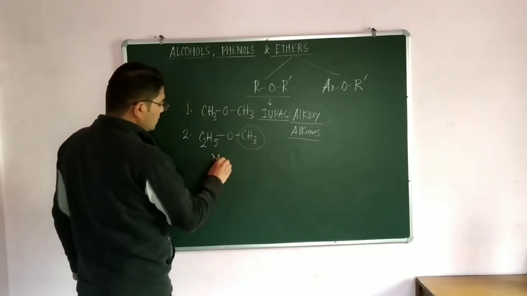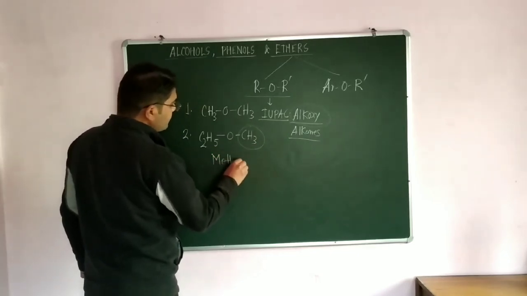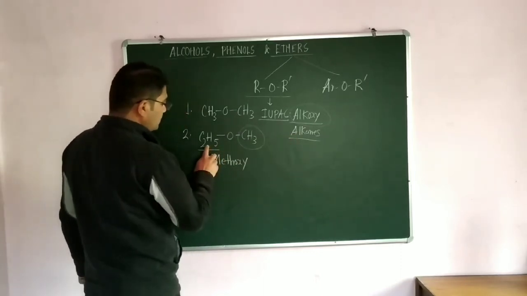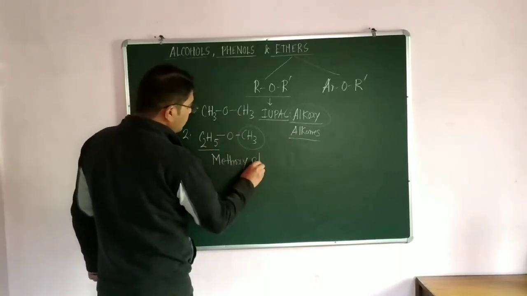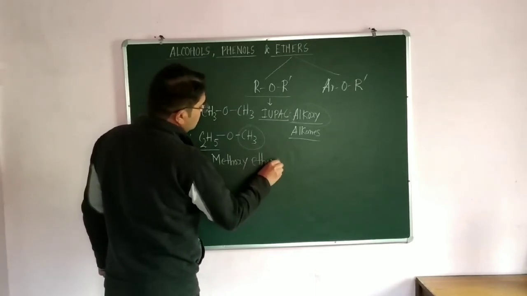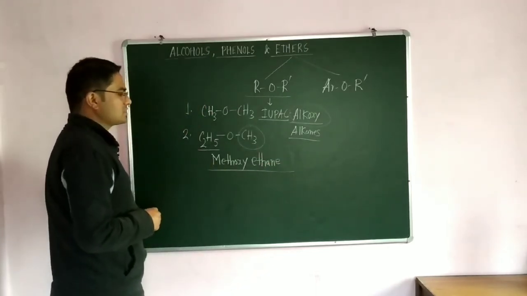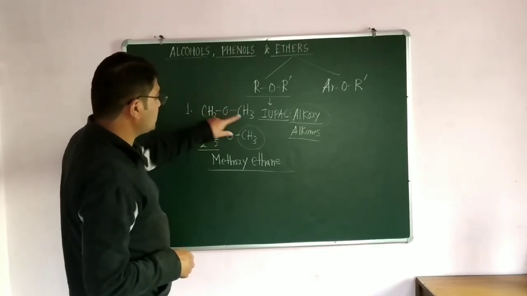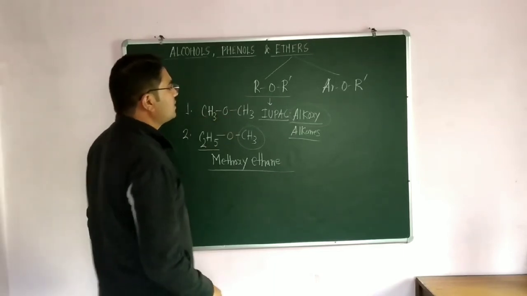So the name is methoxy, and the other part ends with alkane. Here there are 2 carbon atoms, that's why it is ethane. So the name is methoxyethane, and in the previous case the name is methoxymethane because both have the same number of carbon atoms.